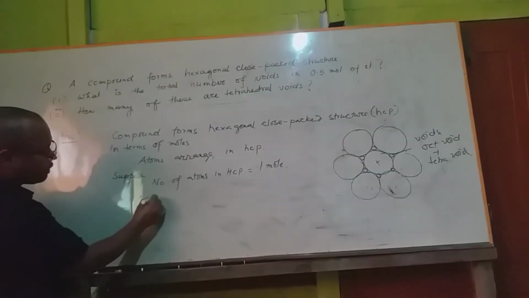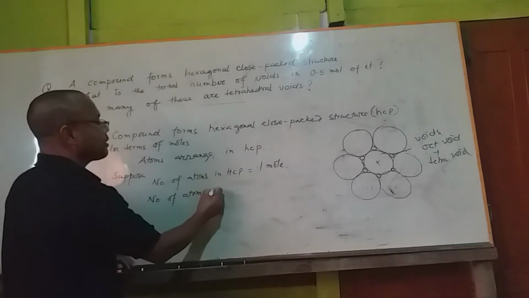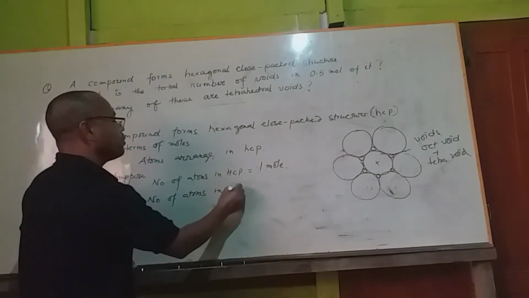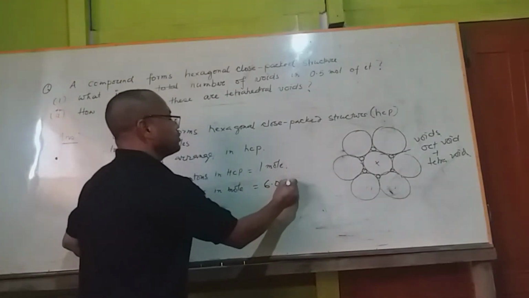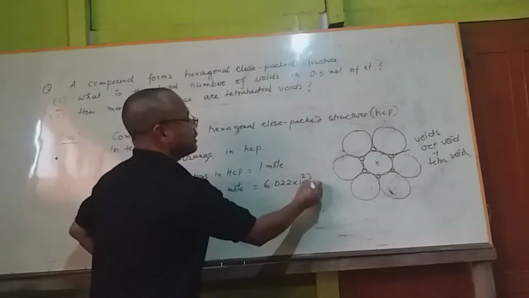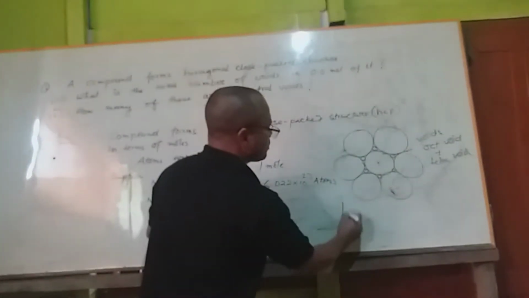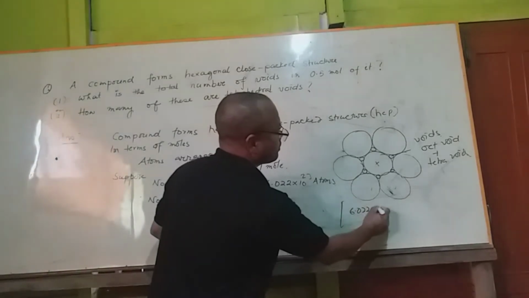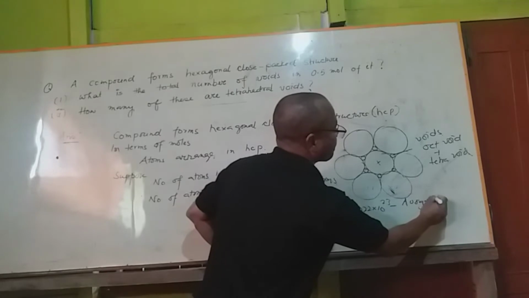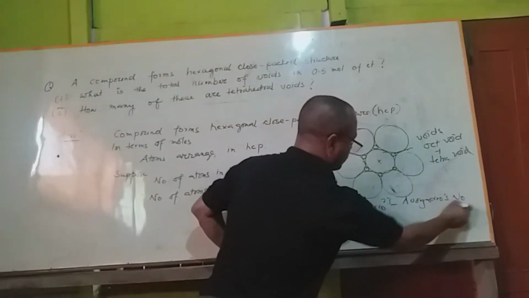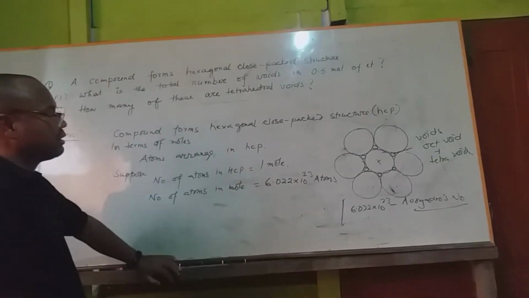The number of atoms in 1 mole is 6.022 into 10 to the power 23. That is what we call Avogadro's number, the number contained in 1 mole.